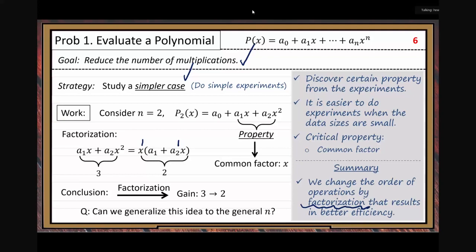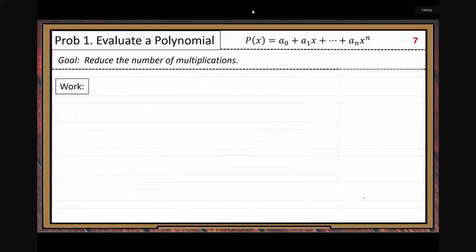Can we generalize this idea to the general degree n? Our goal is to generalize, because this is a special example. In order to solve the whole problem, you need to generalize to the general degree n. Because we just did one experiment, we feel we need to do a little more experiments to get more experience.